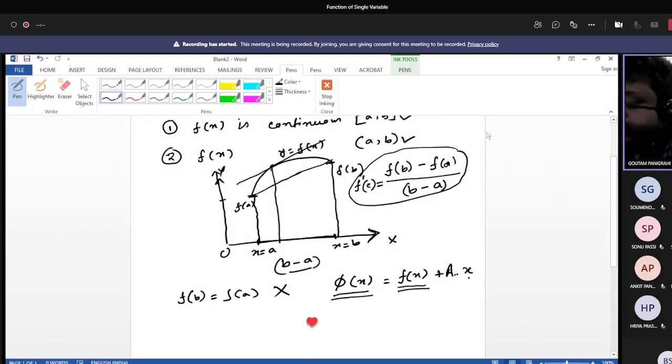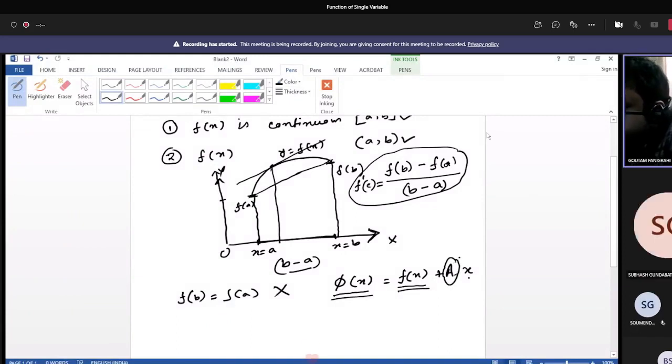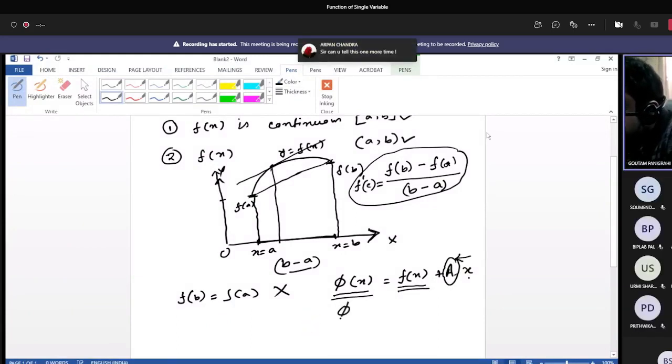And as the last condition is not available in Lagrange's mean value theorem, your assumption is that you have to supply the value of the constant A in such a way that phi(a) equals phi(b).